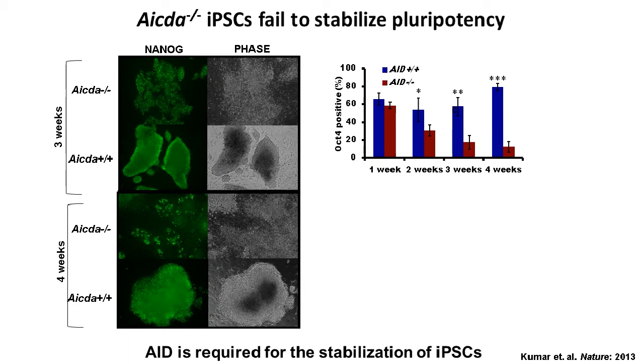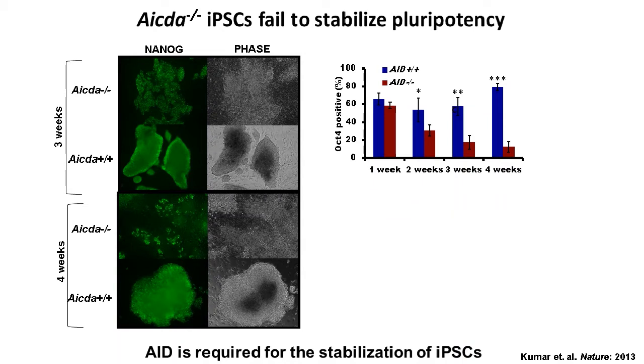After 3 weeks of reprogramming using the 4 Yamanaka transcription factors, the AID knockout cells fail to maintain the expression of NANOG, as you can see in your left panel, whereas the wild-type cells express NANOG pretty homogeneously.